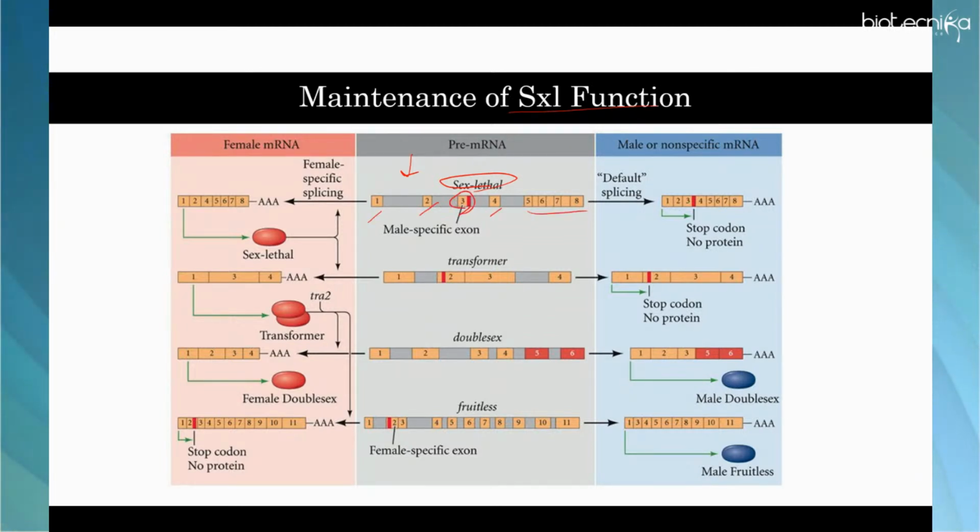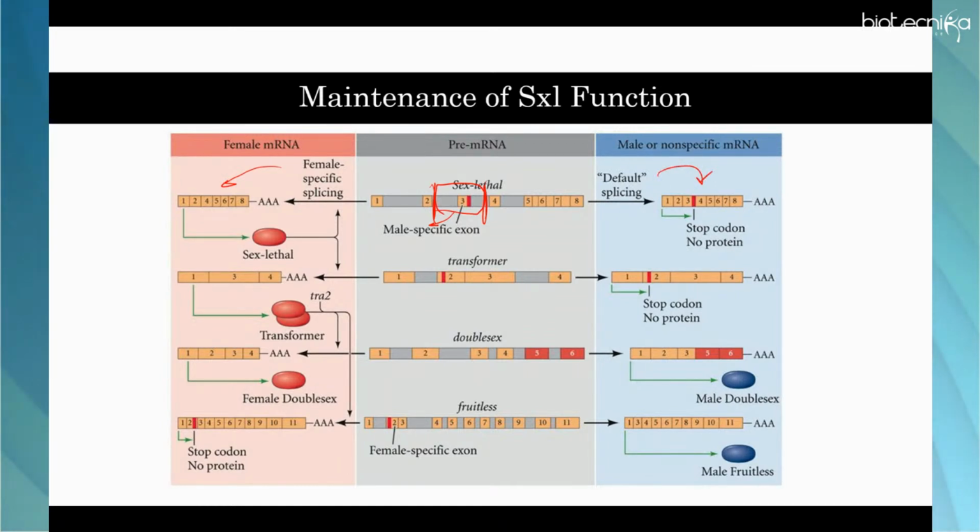But exon 3 is the male specific exon, and it has a stop codon next to it. So what happens in female specific splicing, that is why it is the sex specific Sex lethal protein, this third exon is completely removed. From the second to fourth, the intron along with the male specific exon is removed during the splicing of female specific specification.